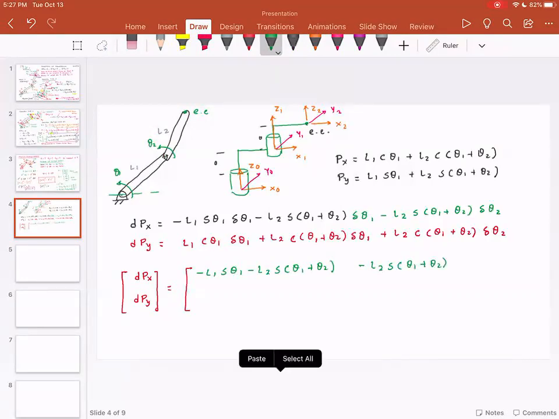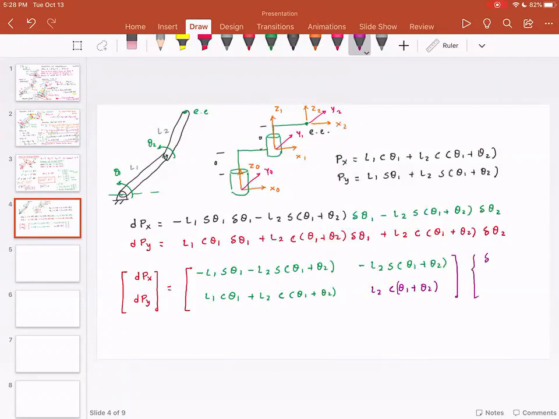The second row is L1 cosine theta 1 plus L2 cosine (theta 1 plus theta 2), and L2 cosine (theta 1 plus theta 2). Here I have delta theta 1 and delta theta 2. So my Jacobian is this.